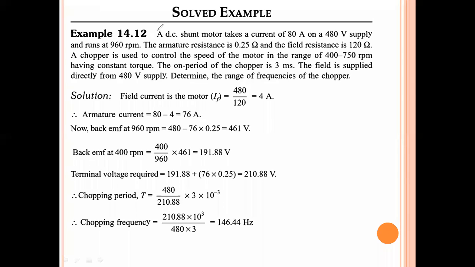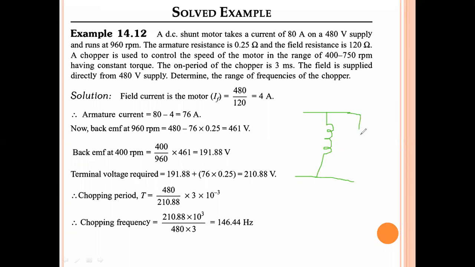See here it is a DC shunt motor. A shunt motor and a separately excited motor are almost the same, so don't bother that we haven't seen the shunt motor in our syllabus.